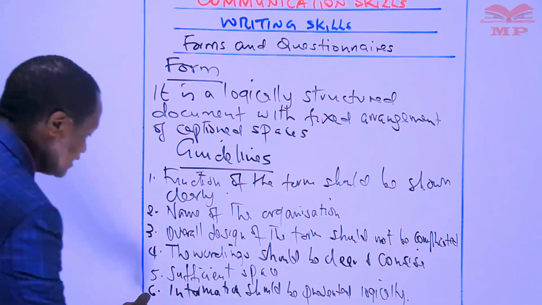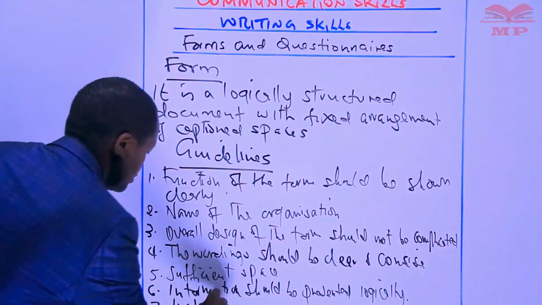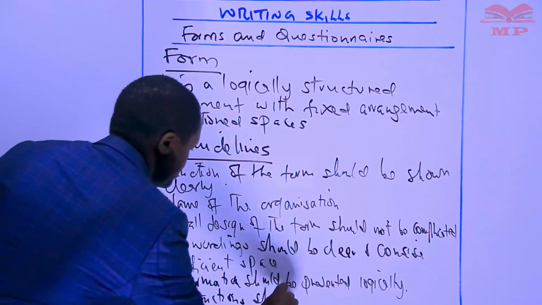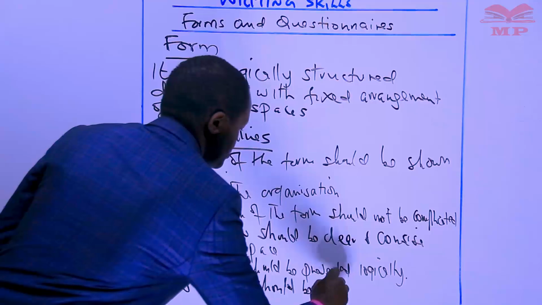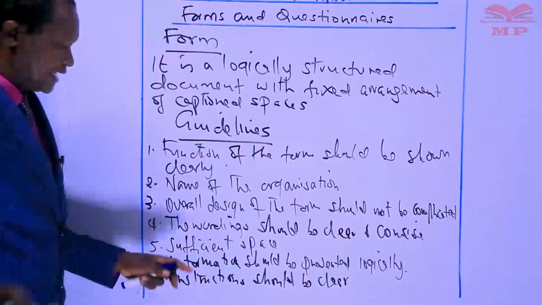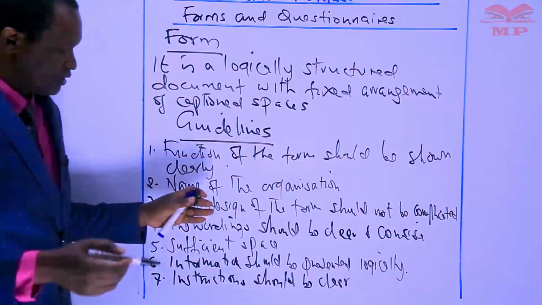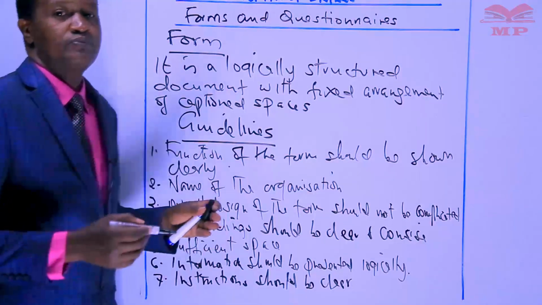Instructions should also be clear. Number 7. Instructions on the form should be clear. There should be clarity in the information in regard to the instructions on the form.